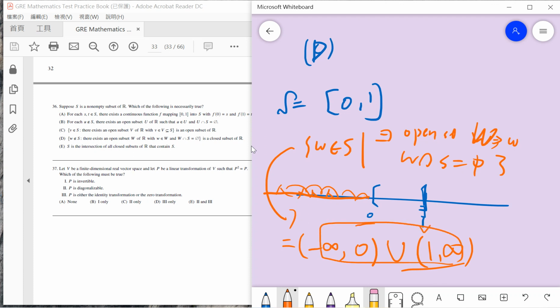The union of two open sets is still open. So D is wrong.